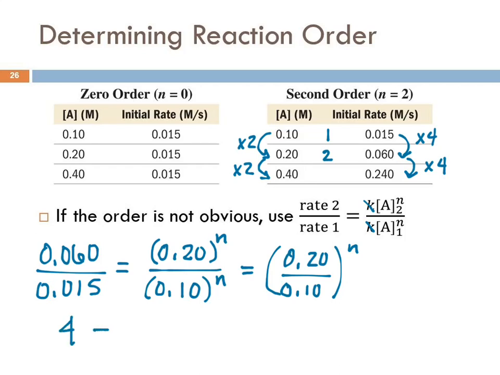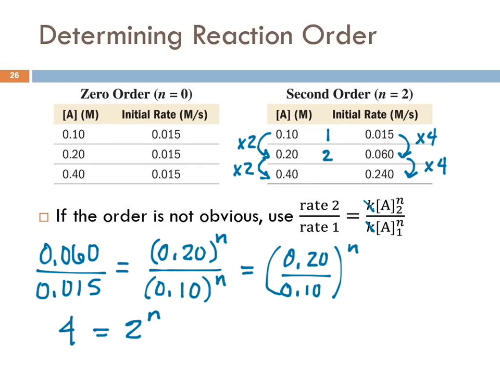So we have 4 equal to 0.2 divided by 0.1, 2 to the n power. Now this turns out to be one we could do in our heads, right? What power do we have to raise 2 to get 4? Well, it's going to be squared.